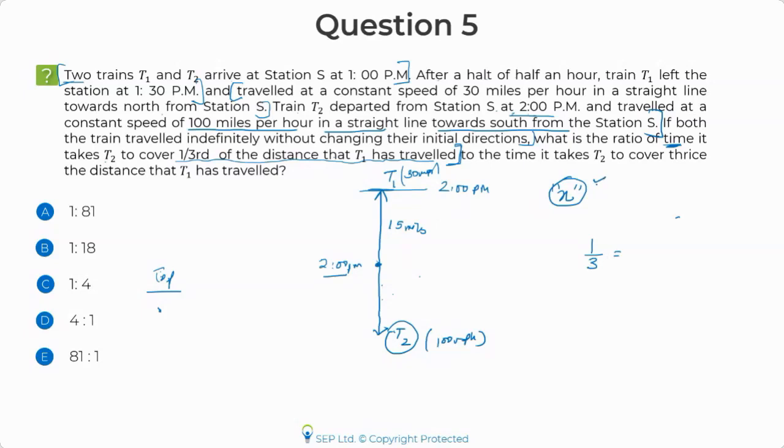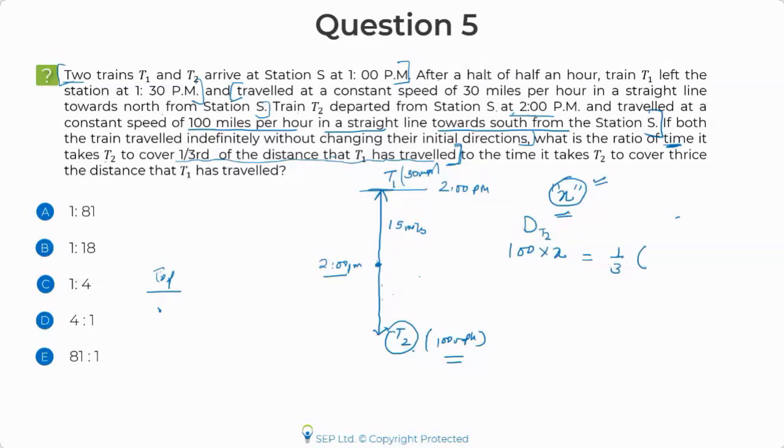So in this x time, T2 is going to cover how much distance? I know the speed, I know the time, so T2 is going to cover 100 times x. This is the distance covered by T2. This distance should be 1/3 of the distance that T1 has traveled.